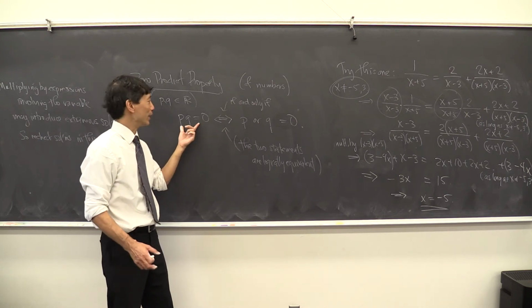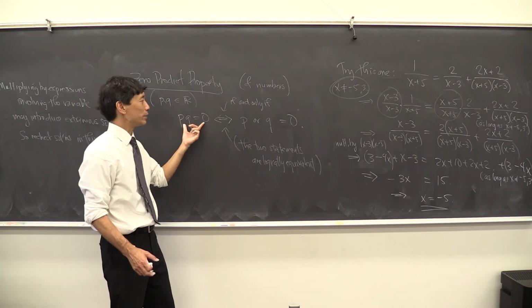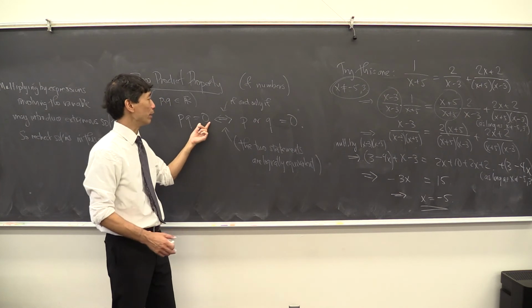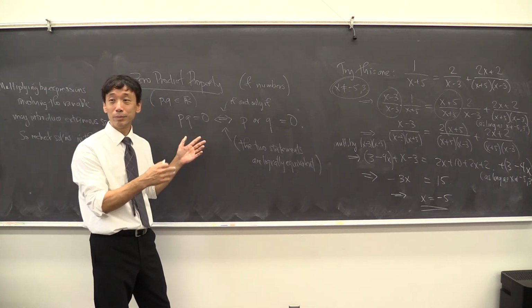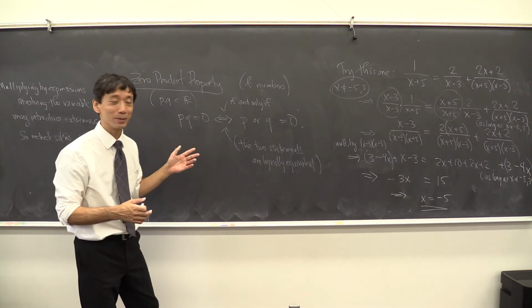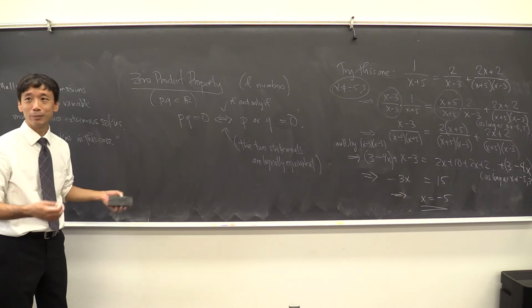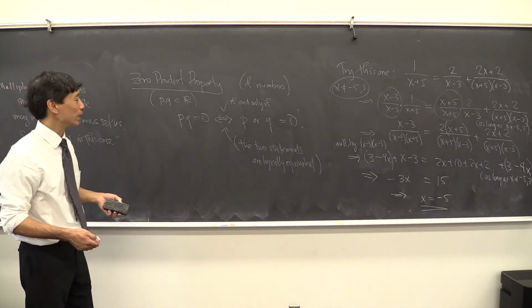But even stronger, if the product is 0, then one of them has to be 0. The only way you can get 0 is if one of these is 0. Does it seem reasonable? Yes. So this is something that you probably knew all along, but never stated.